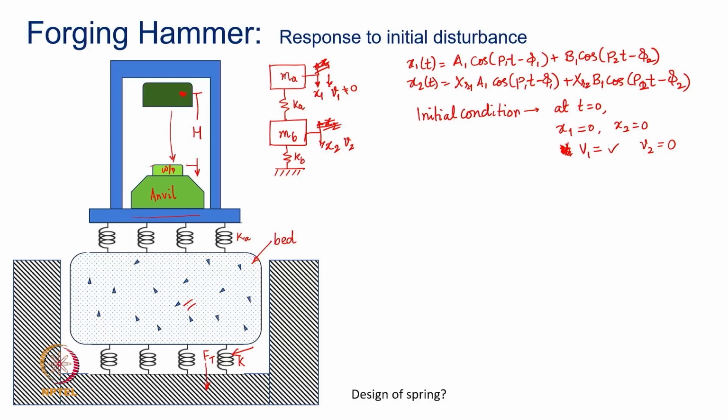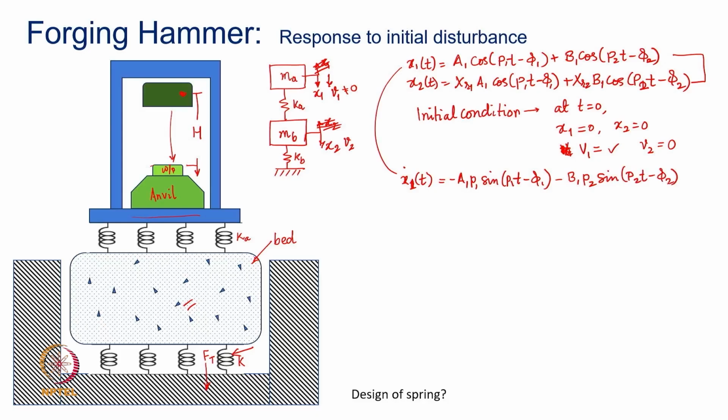And using these 4 initial conditions, I have 2 equations in the displacement, and I can find out the corresponding velocity. I will just give you an example of how x1 dot would be like minus a1 p1 sin(p1 t minus phi 1) minus b1 p2 sin(p2 t minus phi 2).